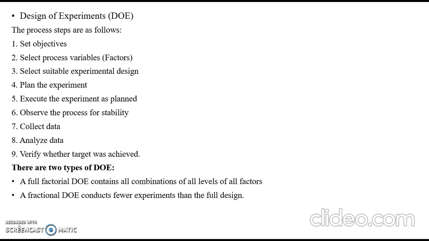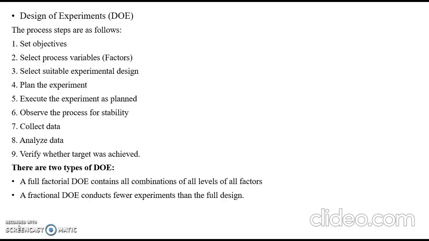Next is the choice of experimental design. Here the choice of experimental design depends on the objectives of the experiment and the number of factors to be investigated. This step is the heart of the experimental process. A balance between statistical desirability and cost must be maintained here.